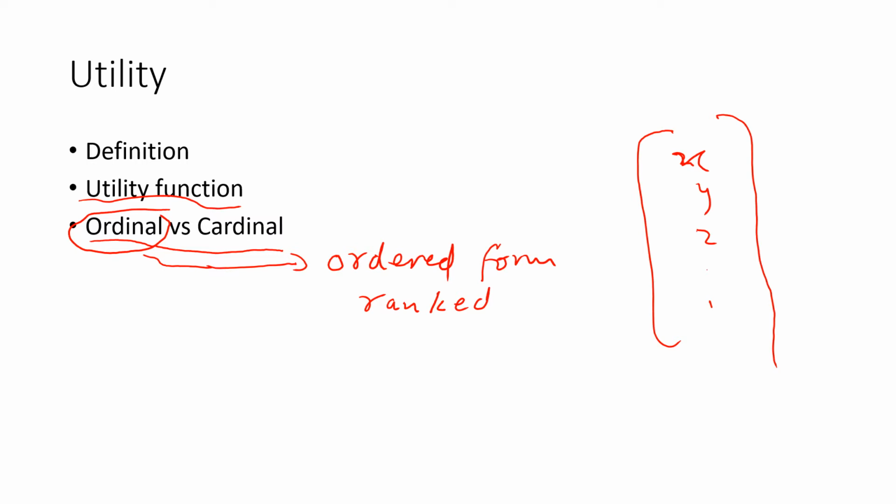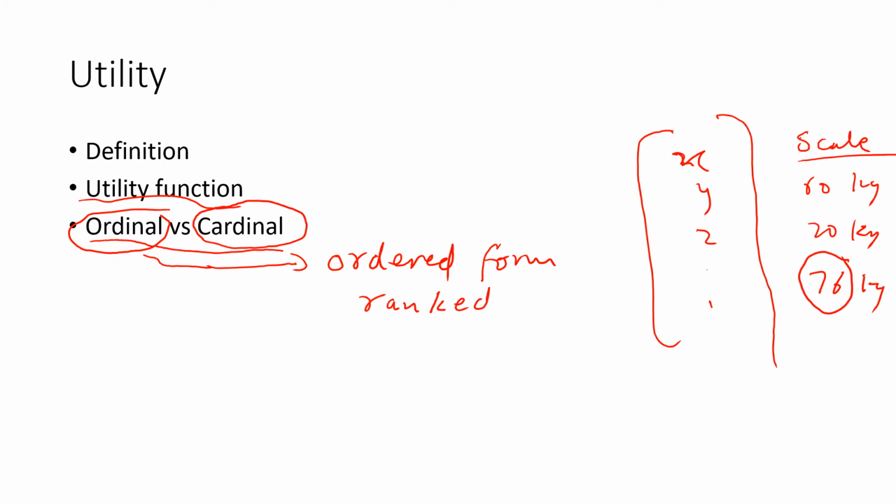Whereas cardinal actually gives values. For example, if you want to find the weight of each individual, you can weigh that individual using a certain scale, and you can get the results as 60 kg, 70 kg, 76 kg. Now this is cardinal. The numbers actually mean something.